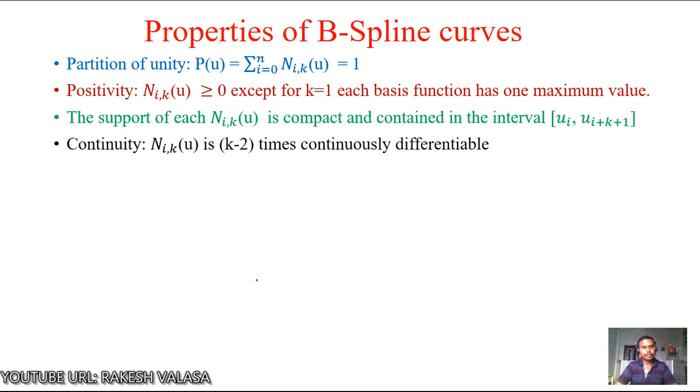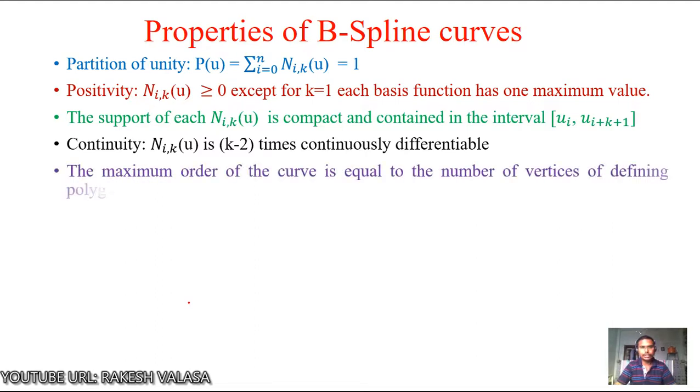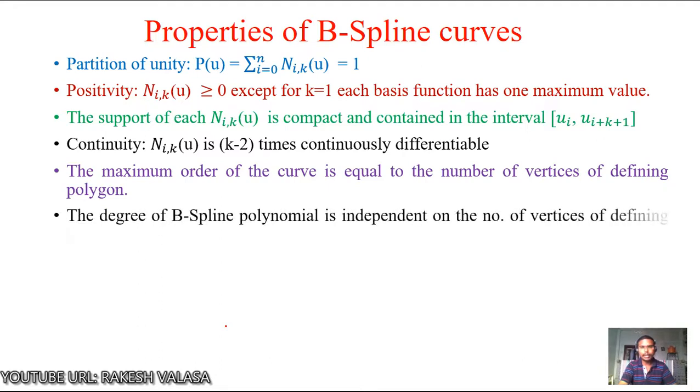Here the basis function is k minus 2 times continuously differentiable. Let us see the next property. The maximum order of the curve is equal to the number of vertices of the defining polygon. Next property, the degree of the b-spline polynomial is independent of the number of vertices of the defining polygon.